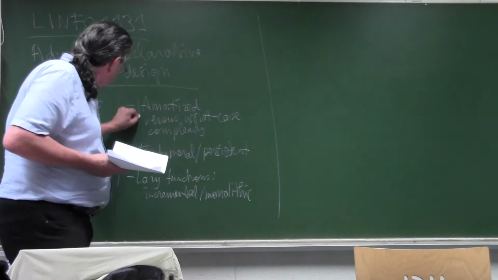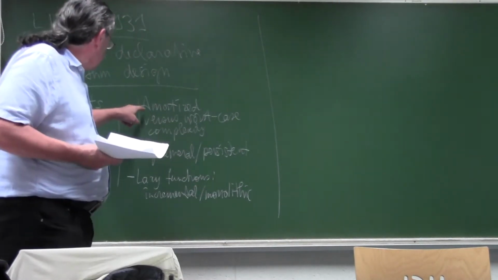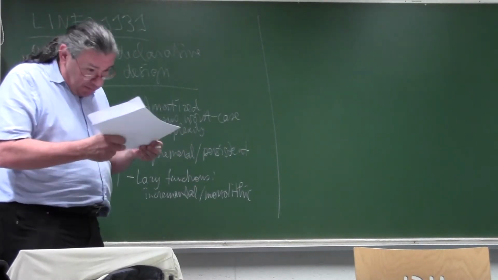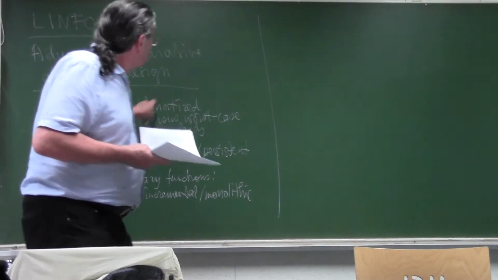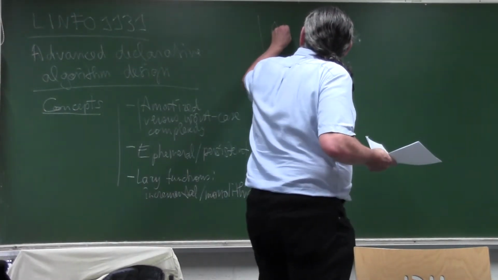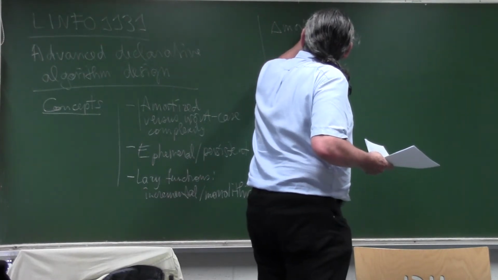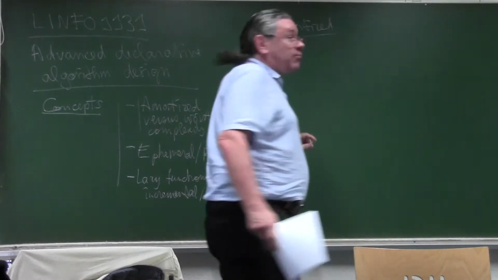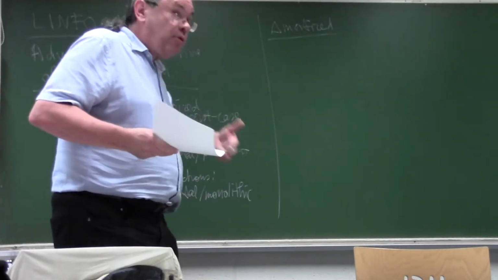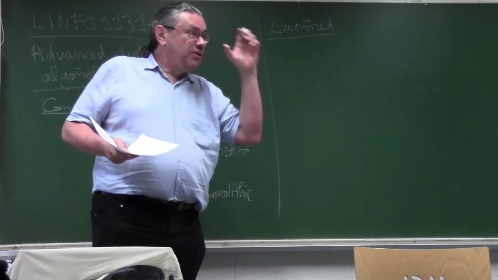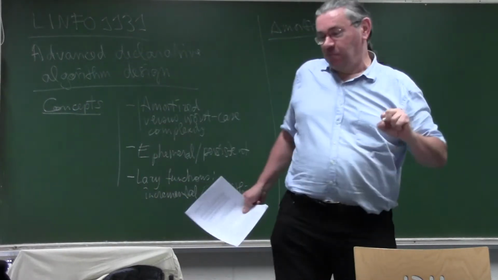We're going to make efficient algorithms, so it's important to know the time complexity of these algorithms. So I'm going to explain the concept of amortized time complexity. Usually when you make an algorithm, you have operations, and each operation takes some time.